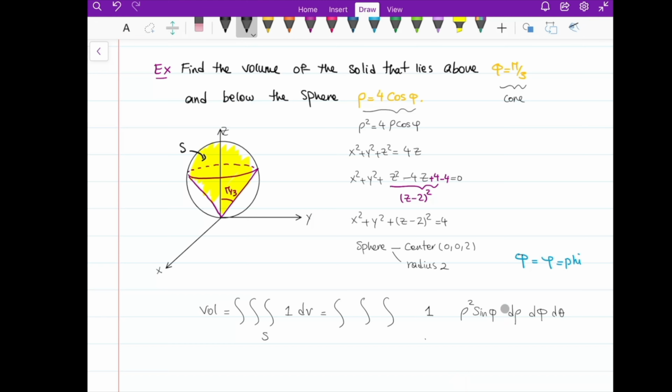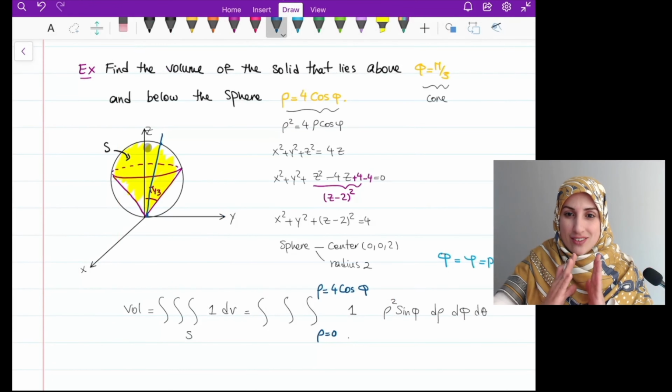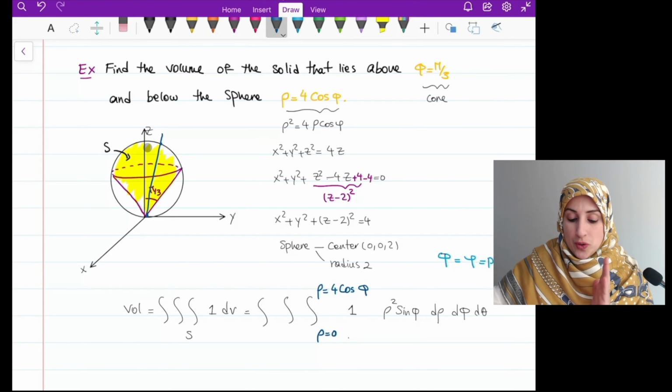Okay, now I'm gonna set up the bounds for rho. If I have a ray starting at the origin, it's gonna start at rho equals 0, and it goes up to the equation of the sphere, which is rho equals 4 cosine of phi. And then d phi would be the angle from the positive z-axis to the cone, right?